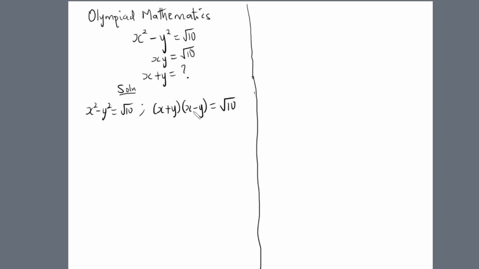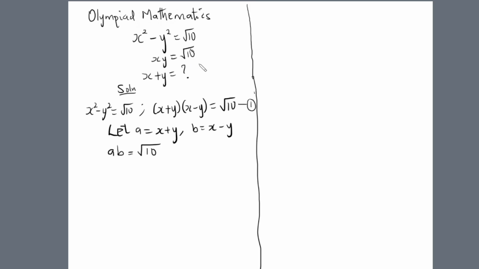All right, so now I want to define a variable. Let a be x plus y and let b be x minus y. So from our equation, let me call this equation 1, a, which is x plus y, times b, which is x minus y, equals the square root of 10.